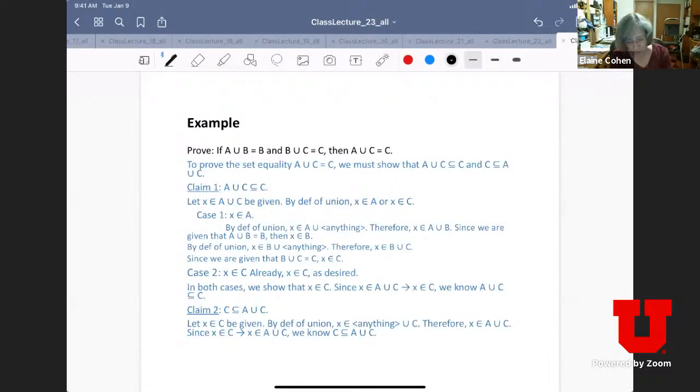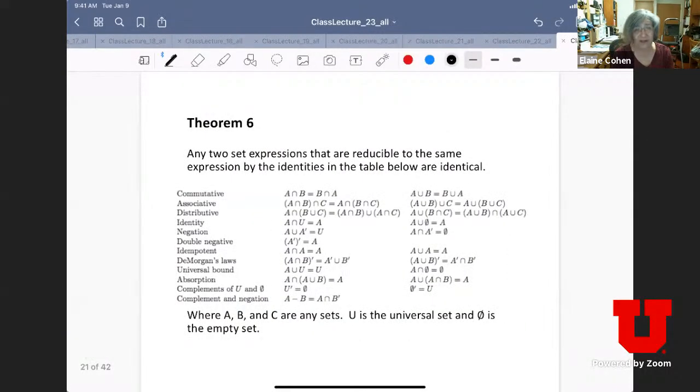But I want you to notice something. Okay, this is the if. That's the then. We're saying that we have to prove A union C equals C. So that's proving that A union C is a subset of C and C is a subset of A union C. Okay, both directions.